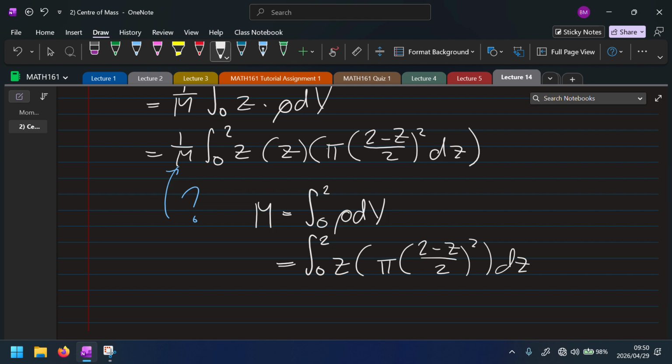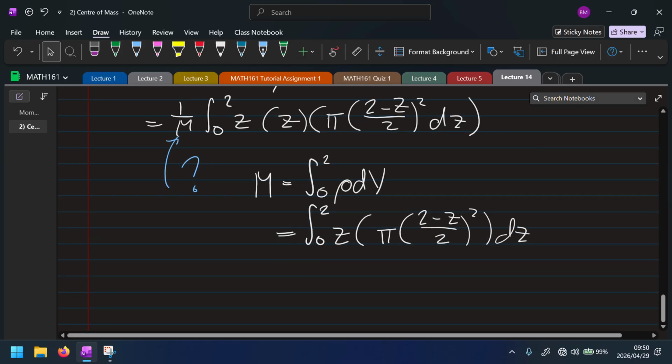Part 1 will be finding the mass, so you already have that number. And then part 2 will be finding the center of mass, using what you have from part 1. So I'll break it up into steps. But here we do this as a side calculation to find the total mass. Once we have the total mass, we can substitute and then find the center of mass. But in the test, it will be broken up into 2 parts, maybe like 5 marks kind of thing.